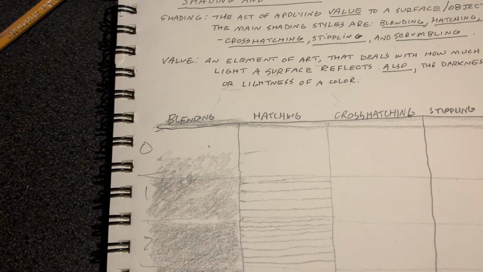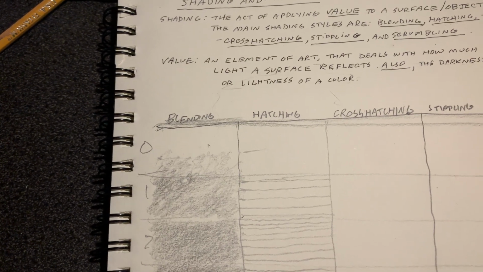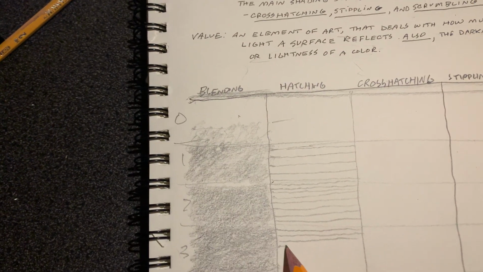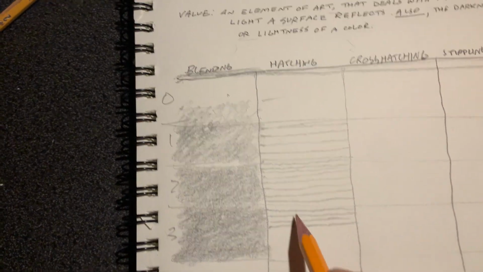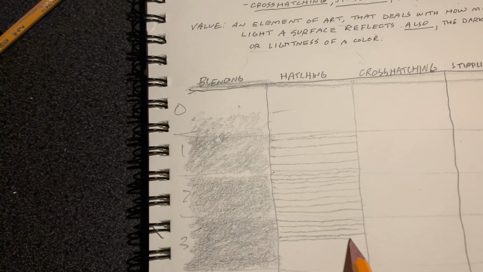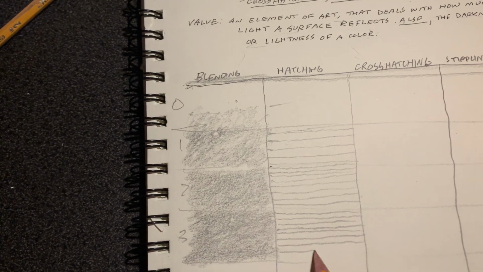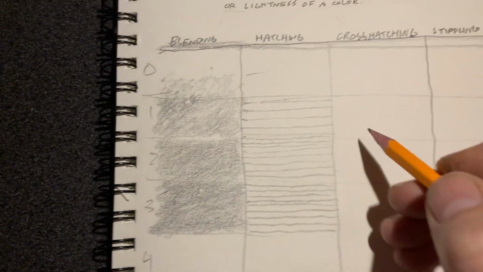You see, you just add more lines and you reduce that amount of space as you go down. So we're not putting more pressure necessarily on the pencil, we're just putting in more lines.